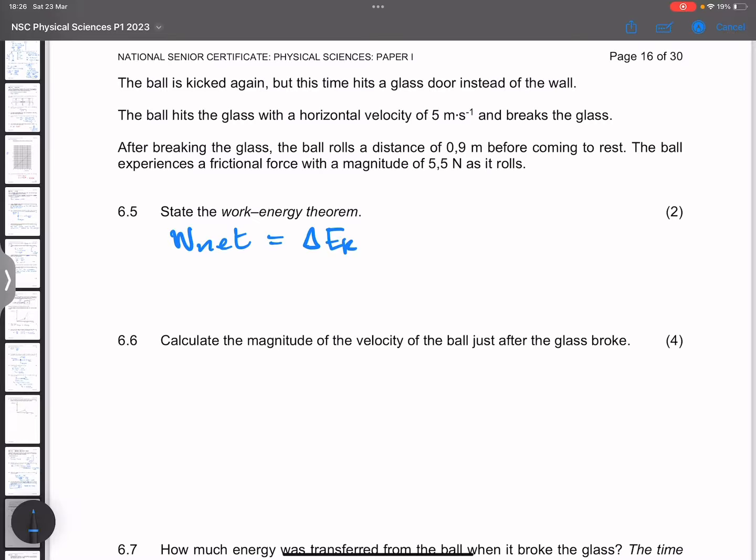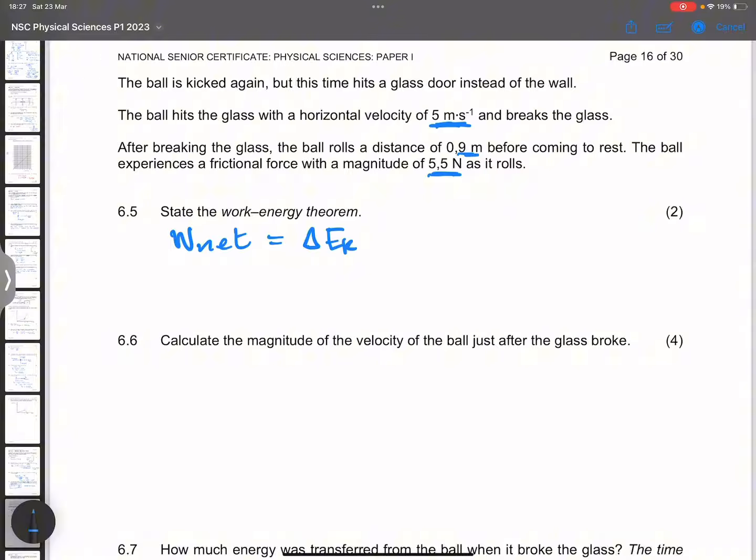Now they say calculate the magnitude of the velocity of the ball just after the glass broke. Now what I'd like for us to do, ladies and gents, is remember, before the ball hits the glass, they say to us it was moving at 5.5 meters per second. And now it experiences a frictional force of 5.5 newtons. And in this case, the ball moves a distance of 0.9 meters before coming to rest.